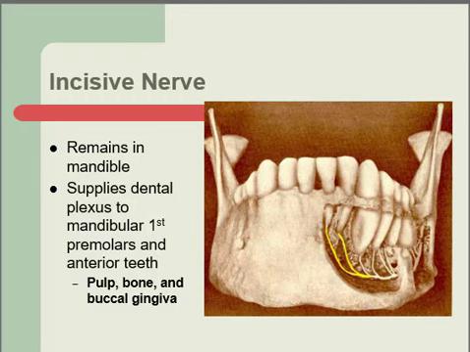Mental, forget it. That's just soft tissue, right? We want to get those pulps numb so we can scrape those teeth. If you opt to just do the incisive nerve block, you're not going to get any molars. You're just going to get from the first premolar forward to the midline, and we usually don't do that kind of work.